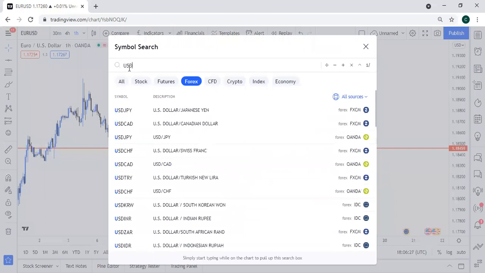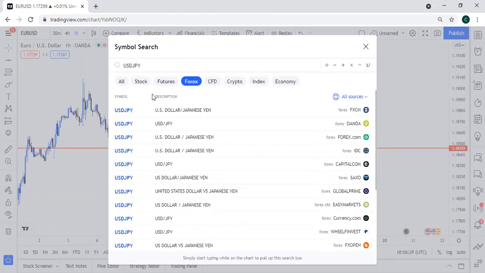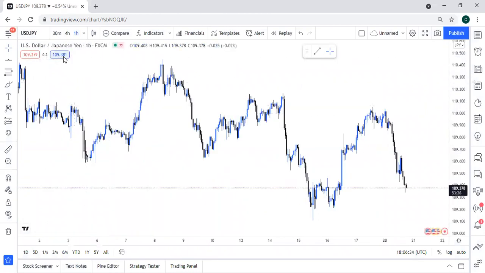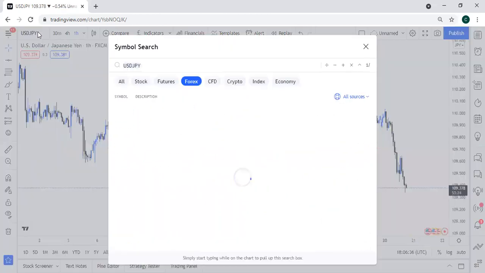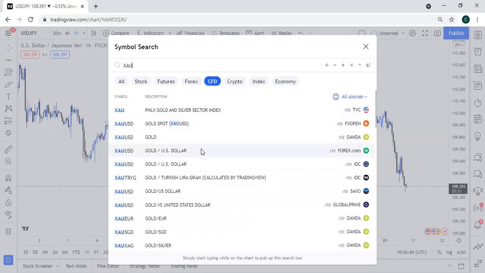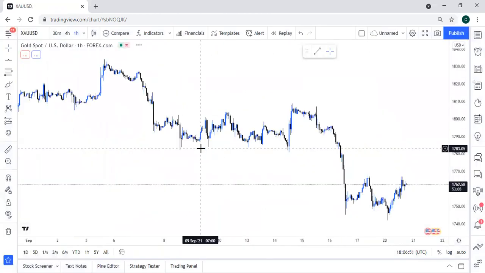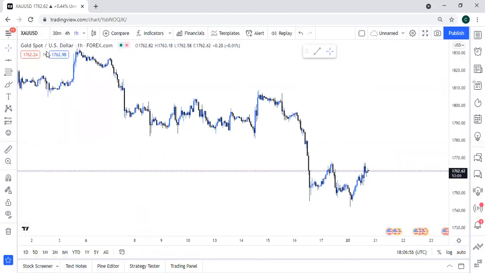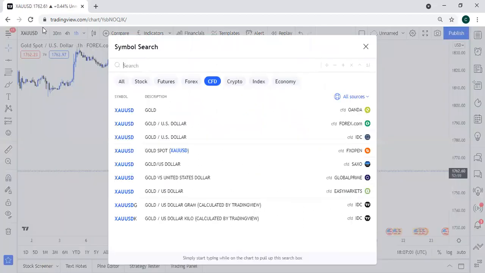Now USD JPY, the Japanese yen pairs, have two at the back, so that's two decimals. The gold, as you can see, also has two decimals. All of them have different ways in which their pips are calculated.